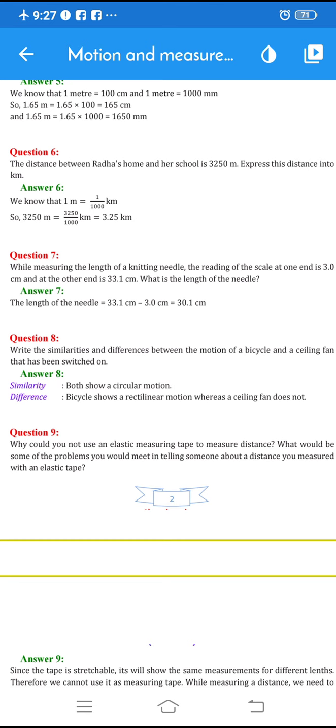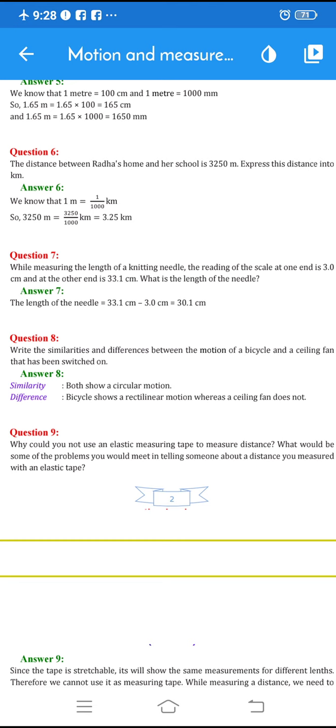We already know that 1 meter equals 1 part out of 1000 kilometers. So 3250 meter equals 3250 by 1000, with 3250 in the numerator divided by 1000.